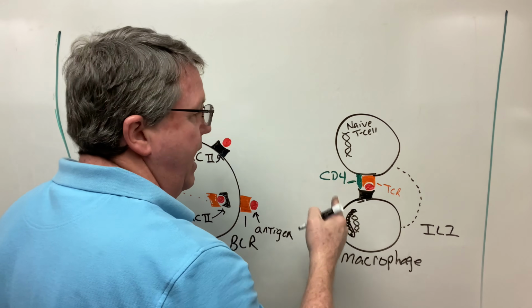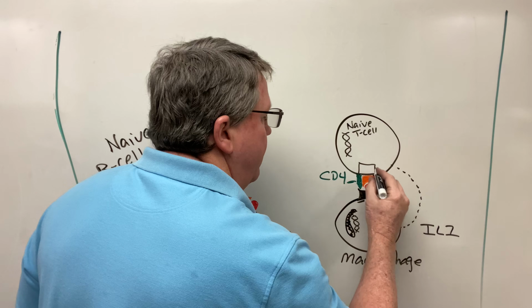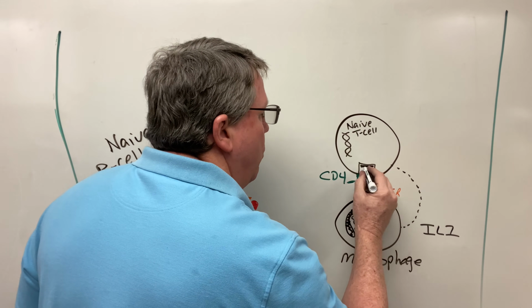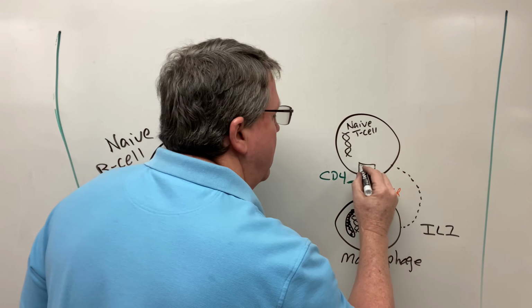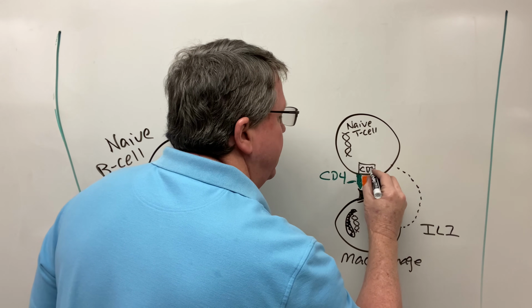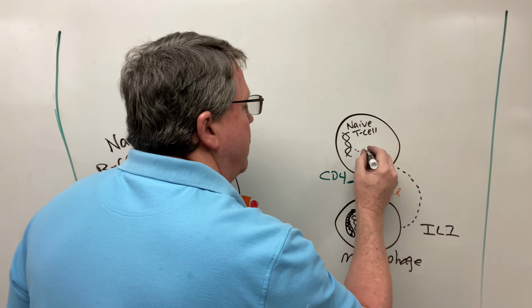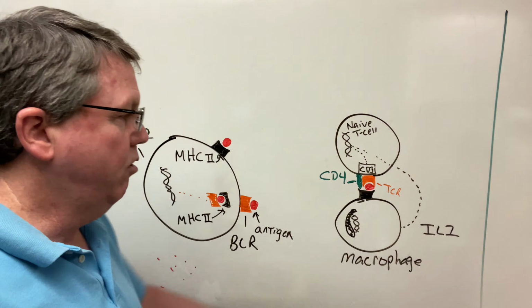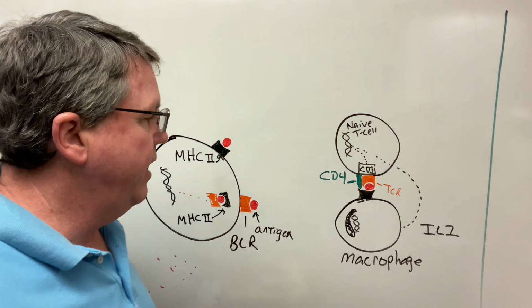But that's not all that happens. When these bond, the inside of the T cell, the T helper cell, will form a substance called CD3, and that's going to send signals over to the DNA to activate it. So I've got two things so far: interleukin 1, and CD3 to activate the DNA.